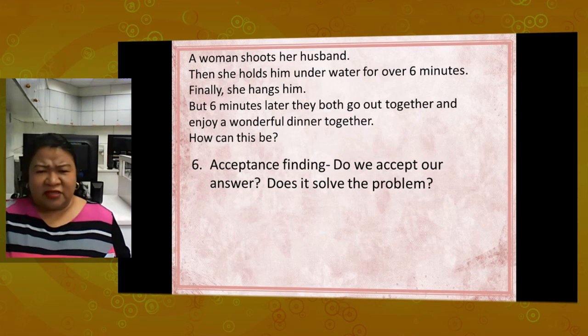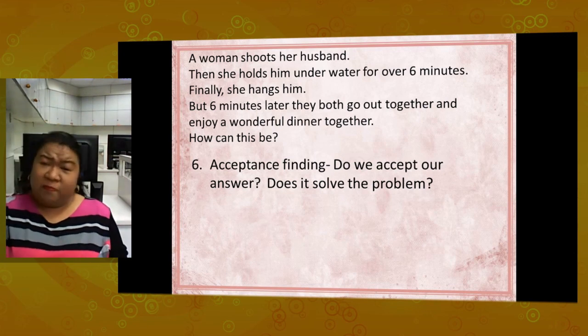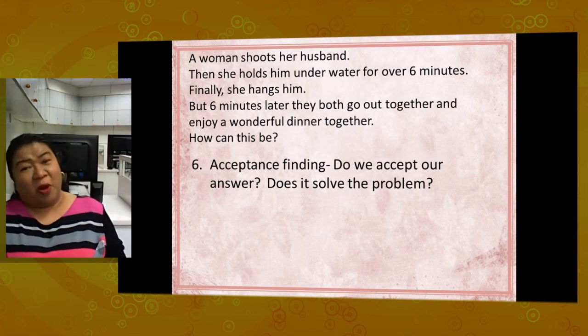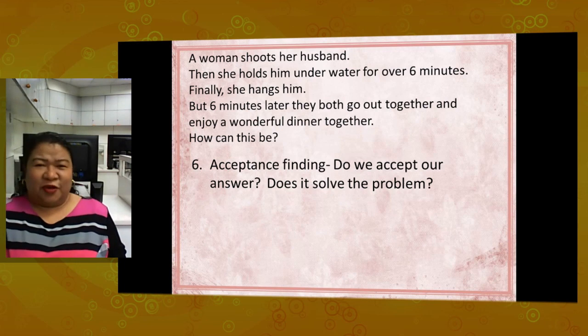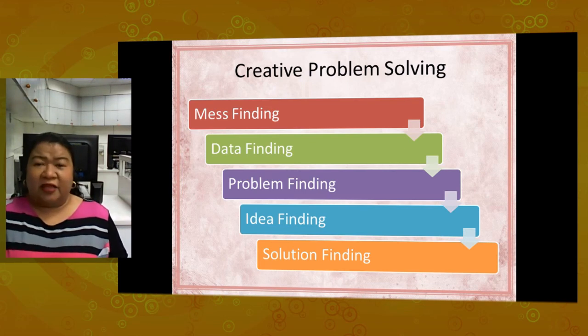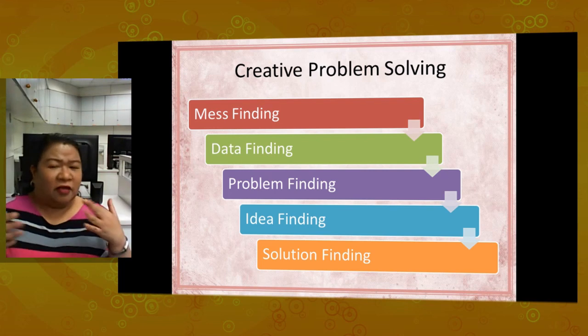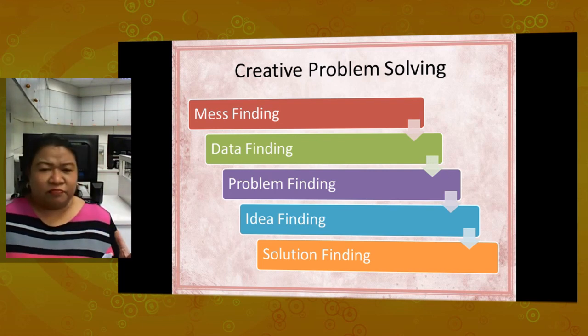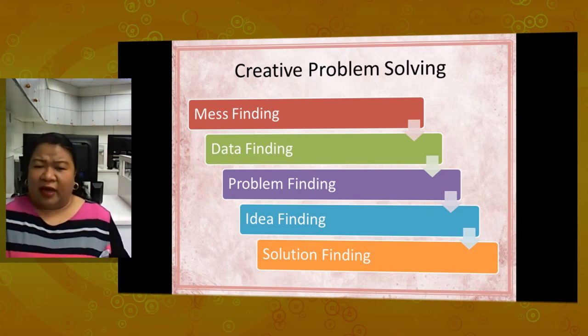Okay, so is this acceptable? Does it solve the mystery? Does it solve the problem? That is just a simple example of using the 6 steps in creative problem solving. Mess finding, you look at the issues and all of it. Data finding, what are details that you can find that will help you identify.